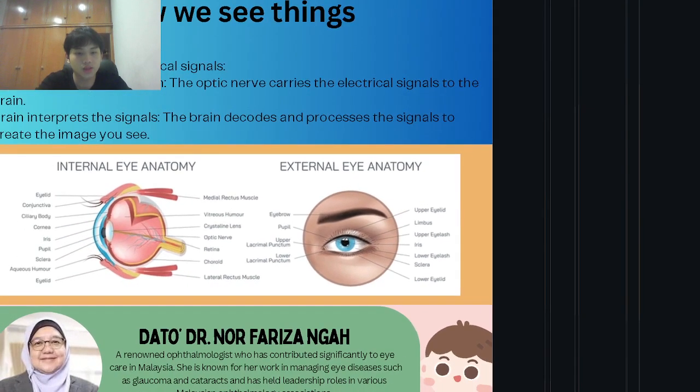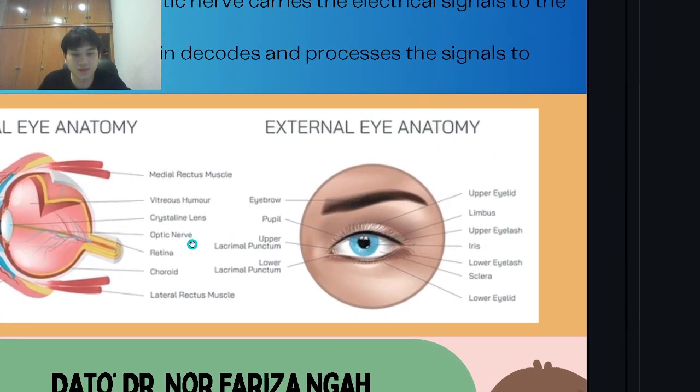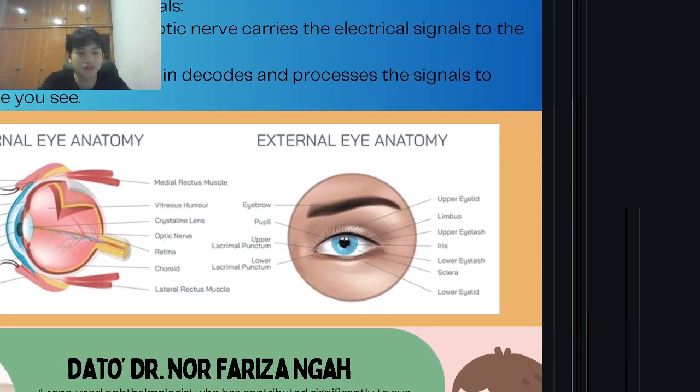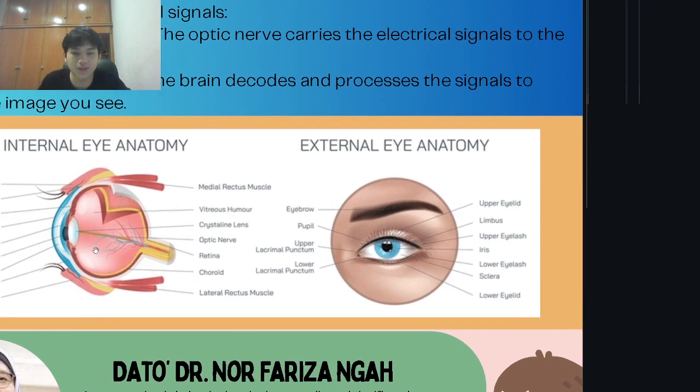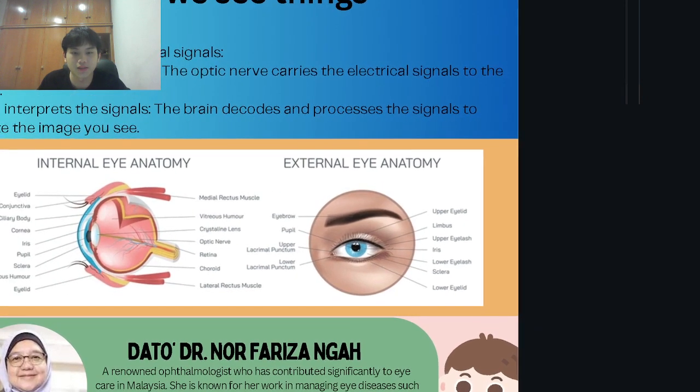The next one is the optic nerve, which transmits the signals that you see as electrical impulses and sends them to the brain for processing. The next one is the vitreous humor. The vitreous humor is a jelly-like substance inside the eye that maintains the shape and allows the light to pass through to the retina. It also helps in convergence of the light rays.